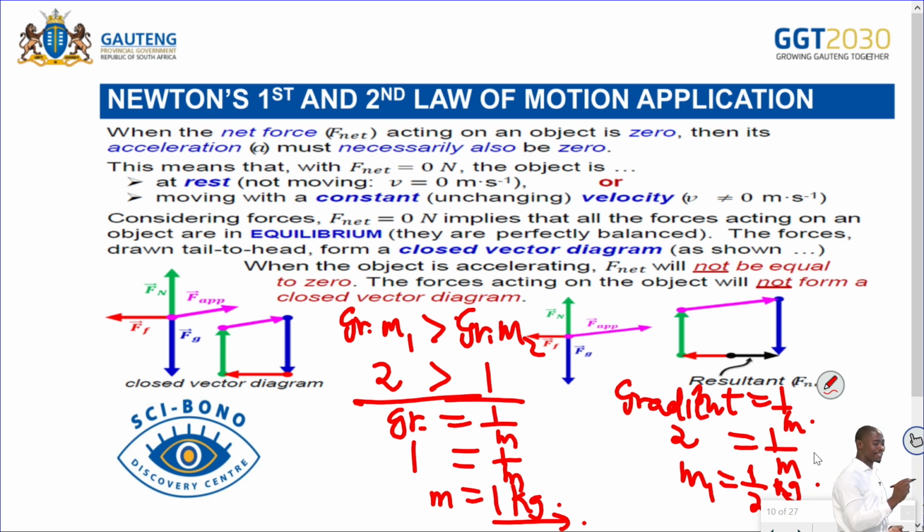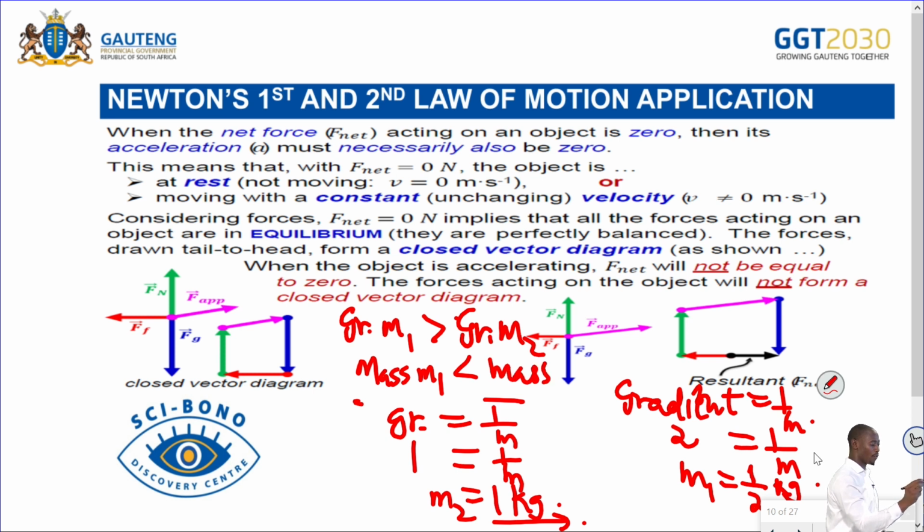Then it means that although the gradient of line M1 is greater than the gradient of line M2, the mass of M1 will be less than the mass of M2.